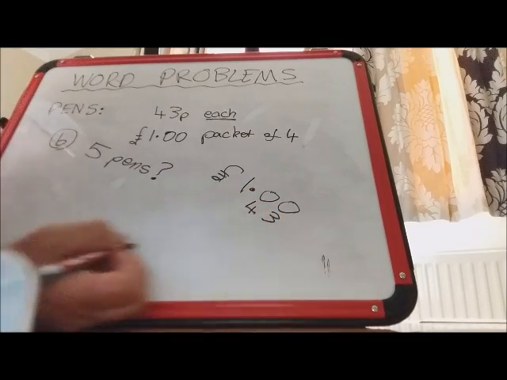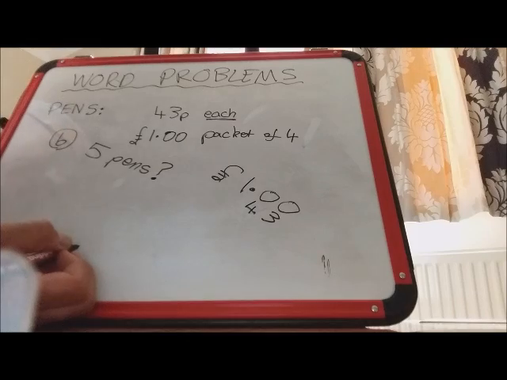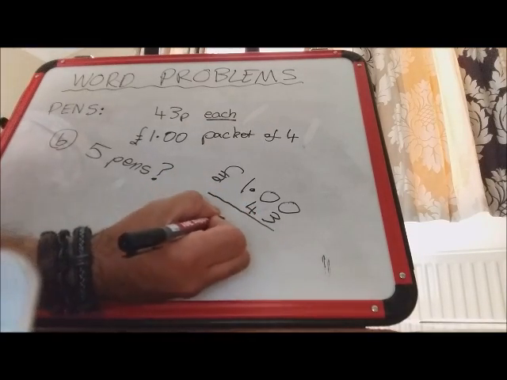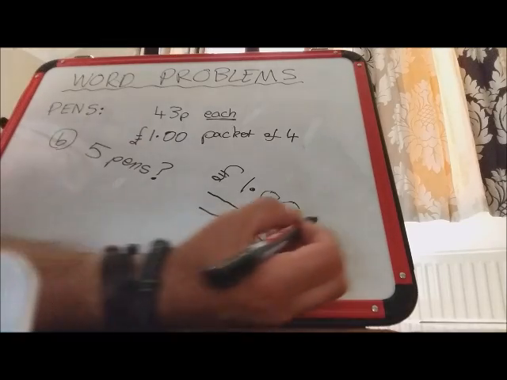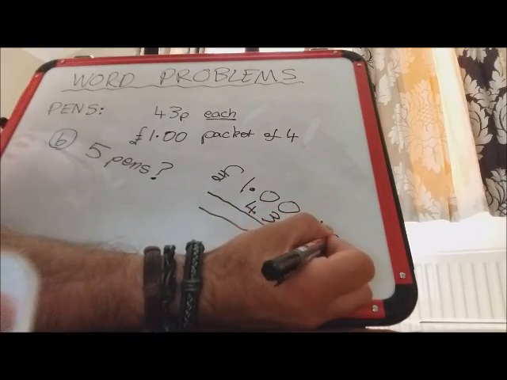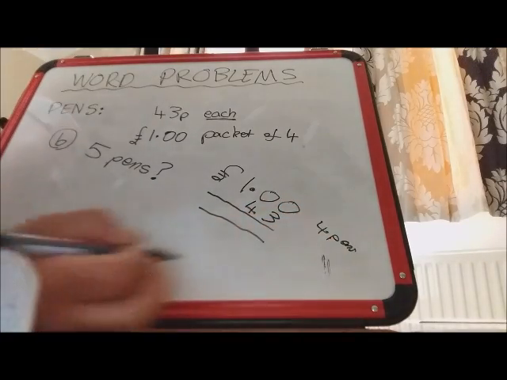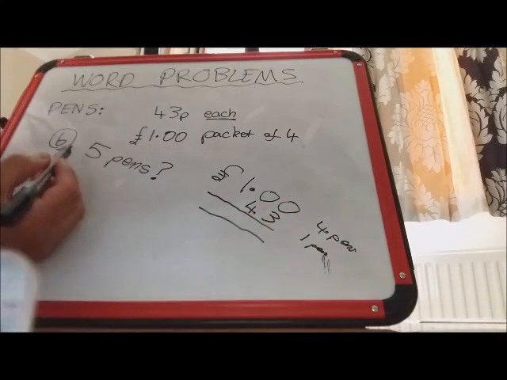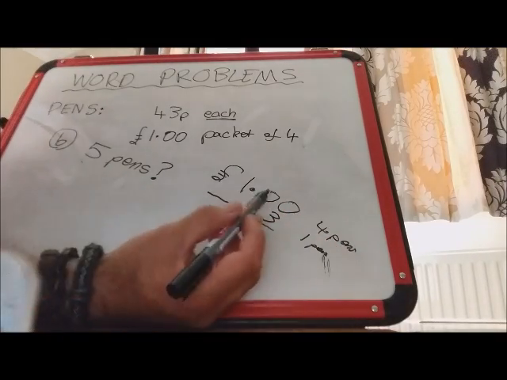Look very carefully, boys and girls, where I'm putting the digits, place value. Remember, that is 4 pens, and that is 1 pen, and 4 add 1 is 5, which is how many they want. Right, let's add this.